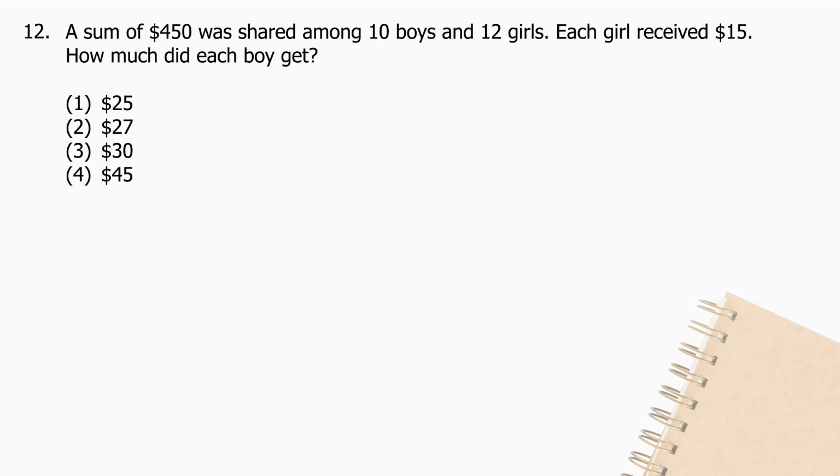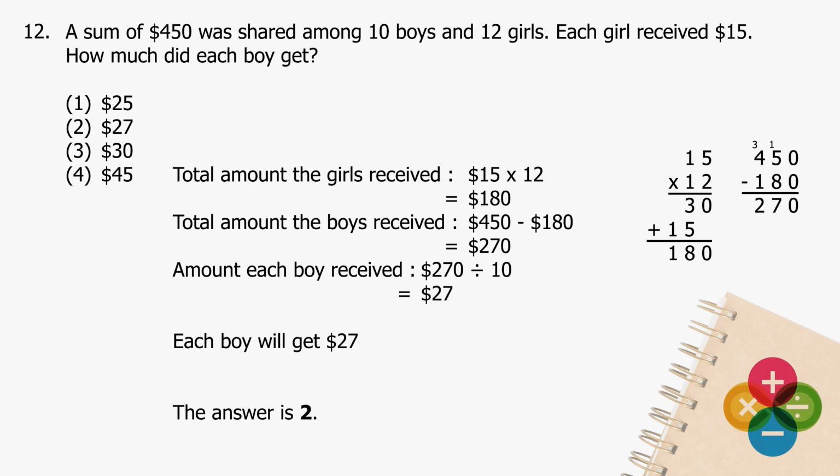Question 12. A sum of $450 was shared among 10 boys and 12 girls. Each girl received $15. How much did each boy get? The total amount of money the girls received will be: multiply $15 by 12, and the product is $180.